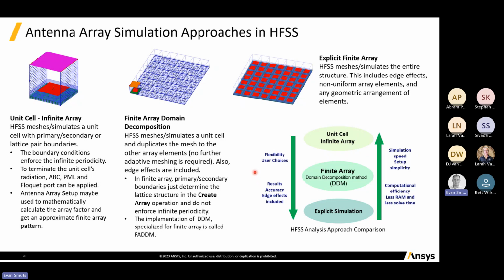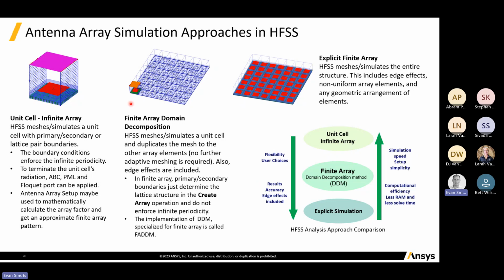Then the next level is the finite array domain decomposition method. This is where we take our unit cell and replicate it into some sort of array pattern. It's very efficient in the sense that we're working with the same unit cell, so it's the same geometry and the same mesh that just gets replicated.